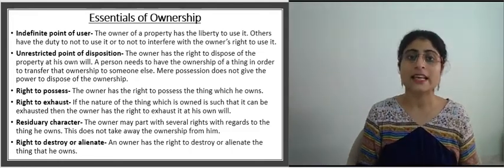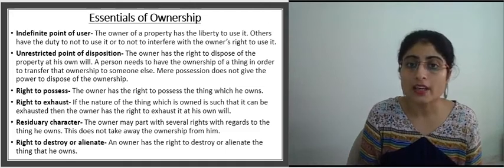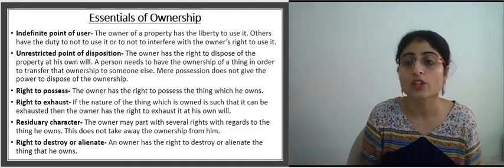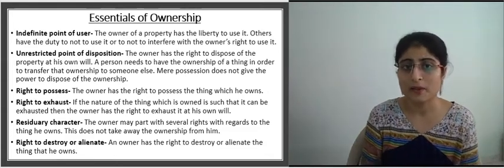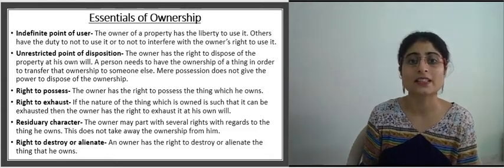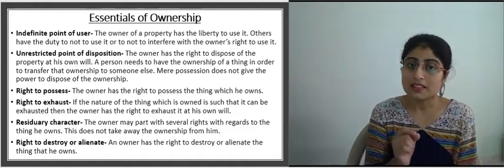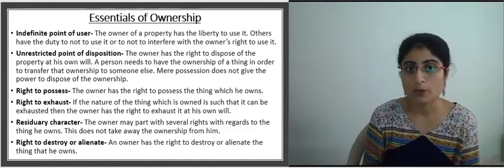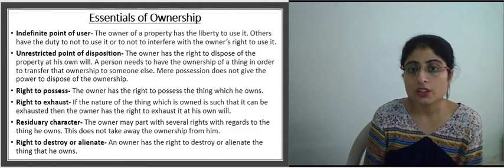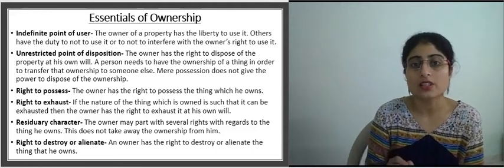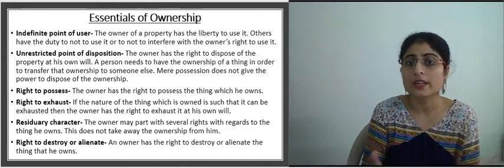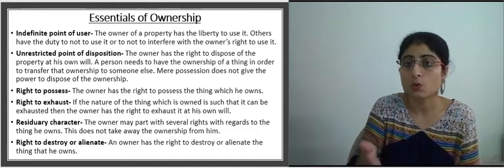Next point, my friends, is the right to possess. The owner has the right to possess whatever thing he owns. Of course, it is very well stated. Next is the right to exhaust. Now, this is a very interesting essential point. If the nature of the thing which is owned is such that it can be exhausted, then the owner has the right to exhaust it at his own will.